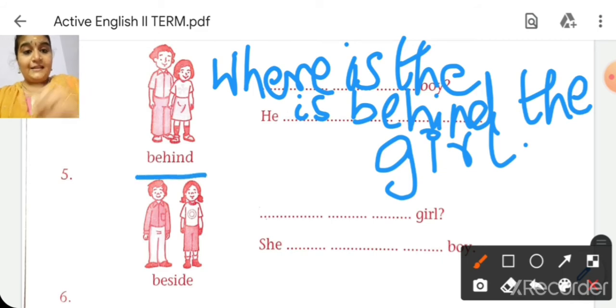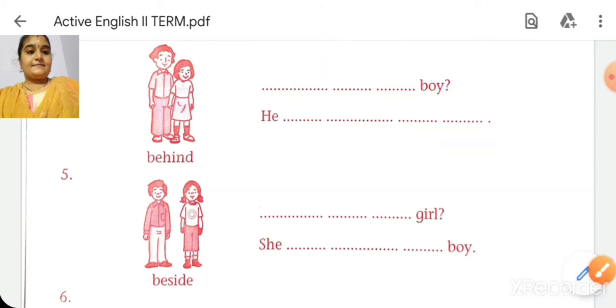Behind, see the spelling here and write. He is behind the girl. Did you all write it, children? Can we move to the next one? Yes.